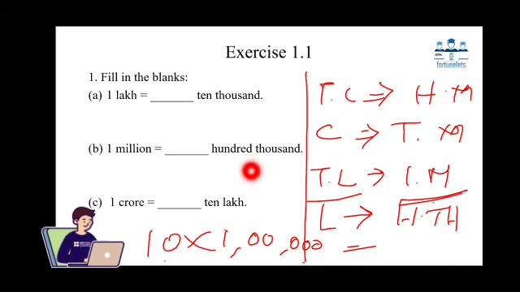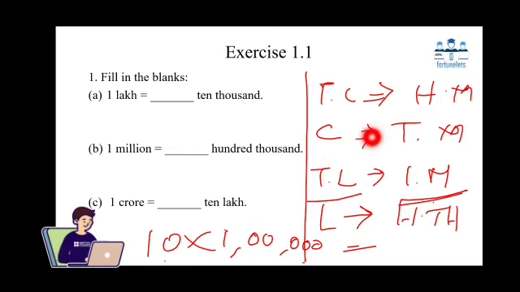So what I have done is I have written the Indian standard representation on the left side and the international standard representation of numbers on the right side. Now let's see. 1 lakh equals 100,000.